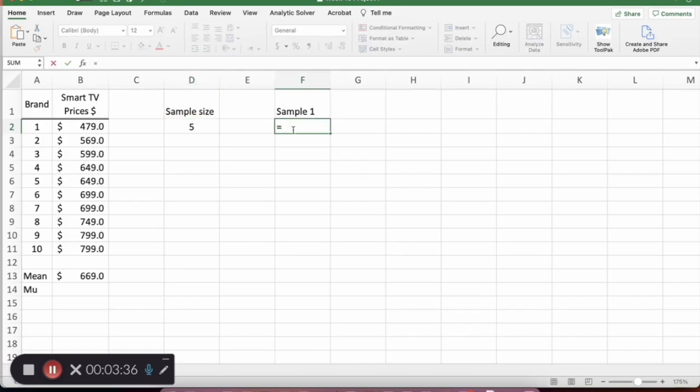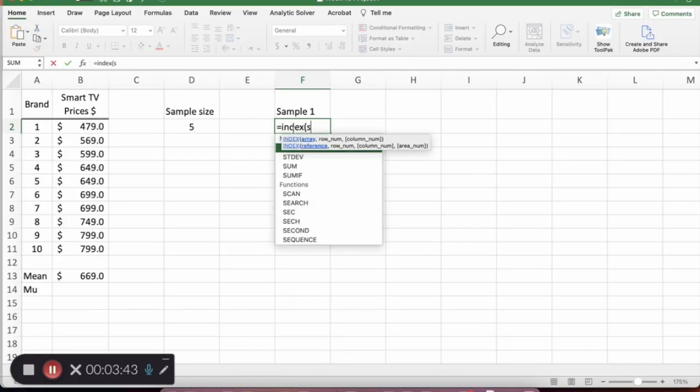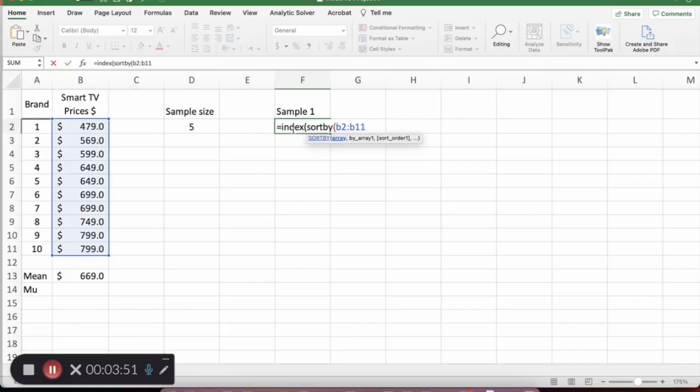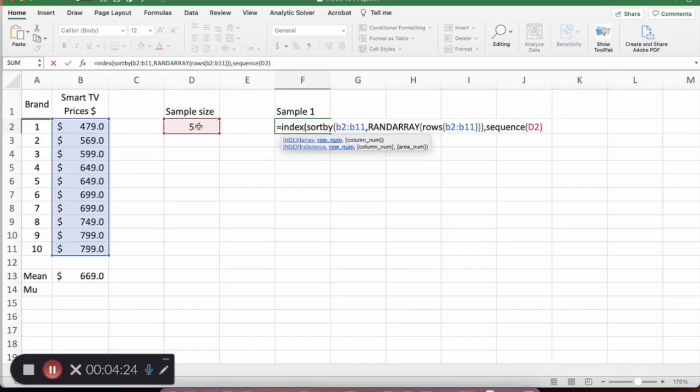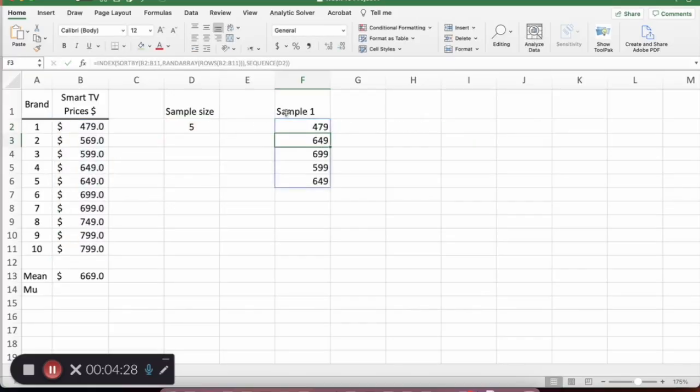Let me take INDEX, returning and retrieving my data, SORTBY B2 to B11, RANDARRAY, B2 up to B11, let me have the ROWS, and SEQUENCE. So we took a random sample.